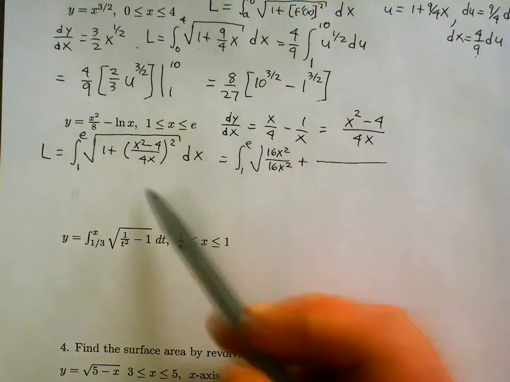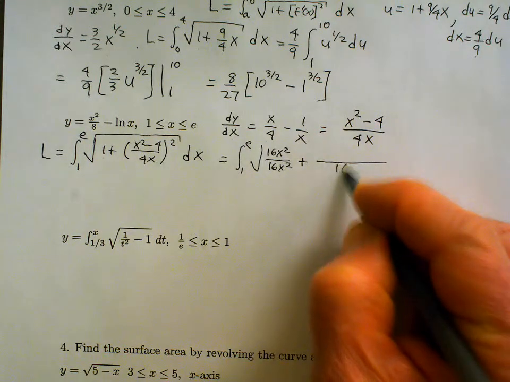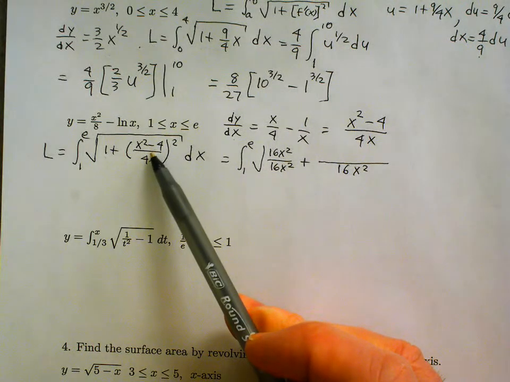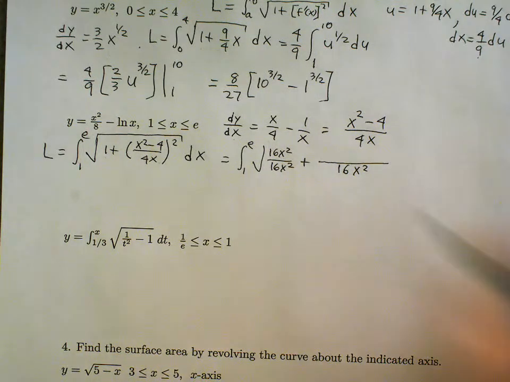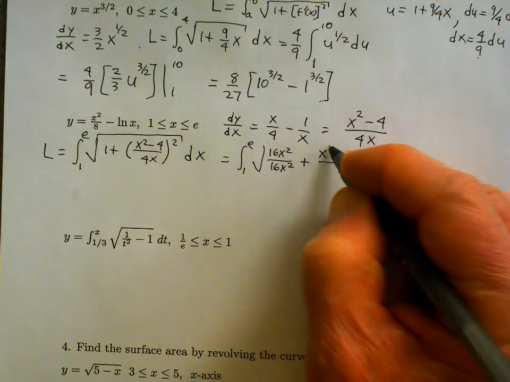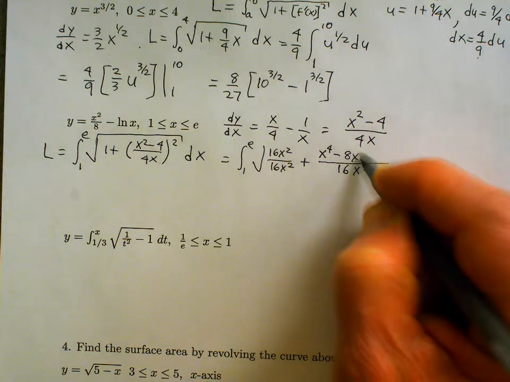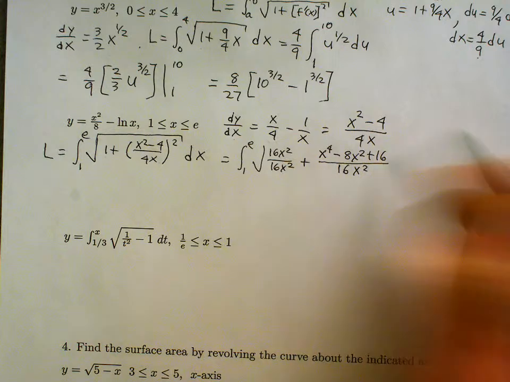And the denominator of this term will also be 16x squared when we square it. And the numerator, we're going to square x squared minus 4, and we'll get x to the fourth minus 8x squared plus 16.